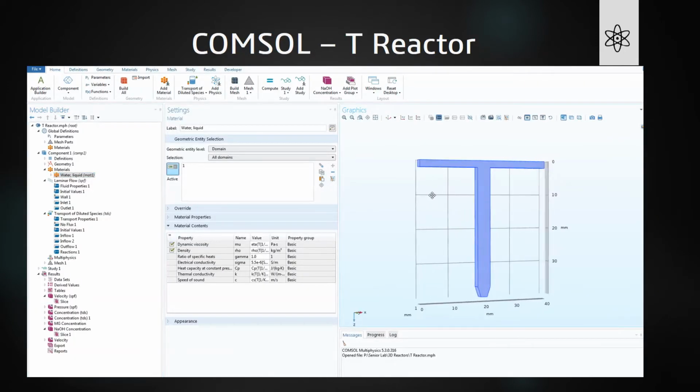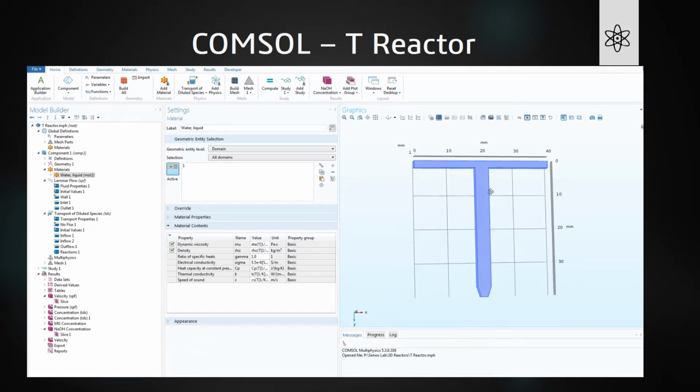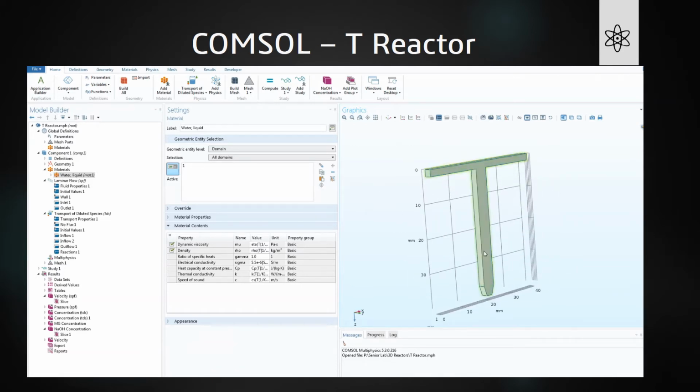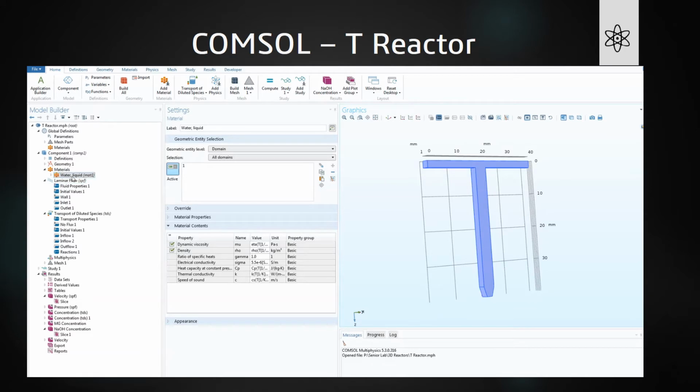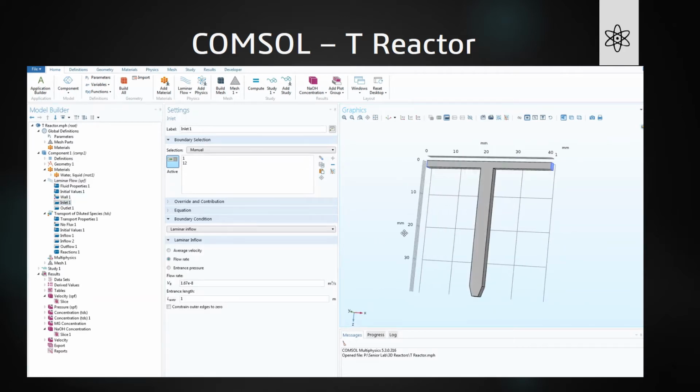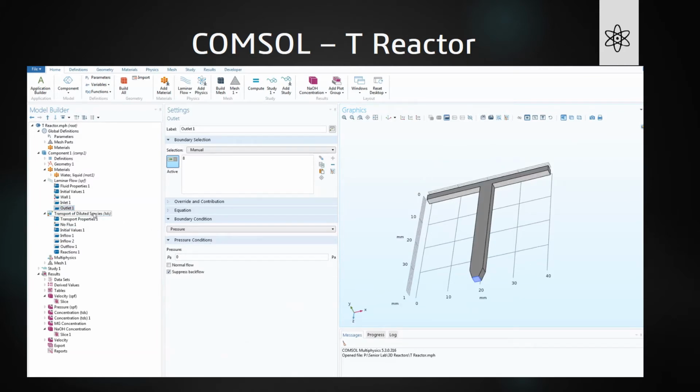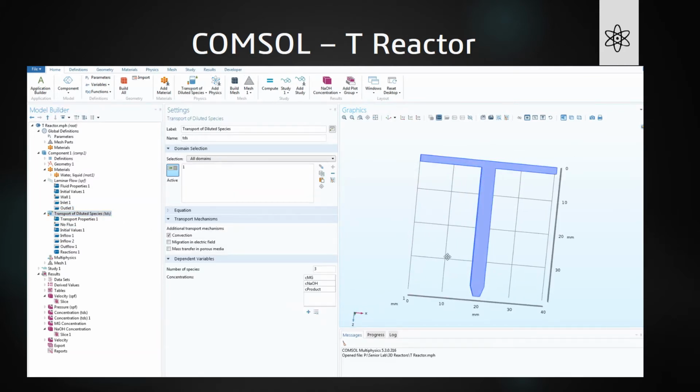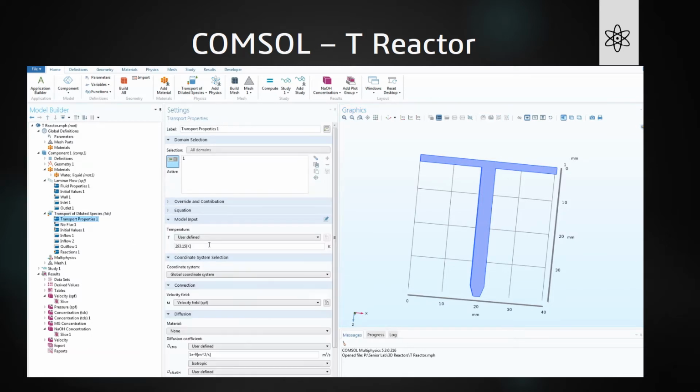We had to use COMSOL to find theoretical values of malachite green conversion, and to do this, several steps were necessary. First, we added water as a fluid to the reactor. Next, we added laminar flow, and the blue highlights show the two inlets of Mg and NaOH, and the outlet is shown at the bottom of the reactor. Next, we added transfer of diluted species, where we plotted the concentration of Mg, NaOH, and the product.